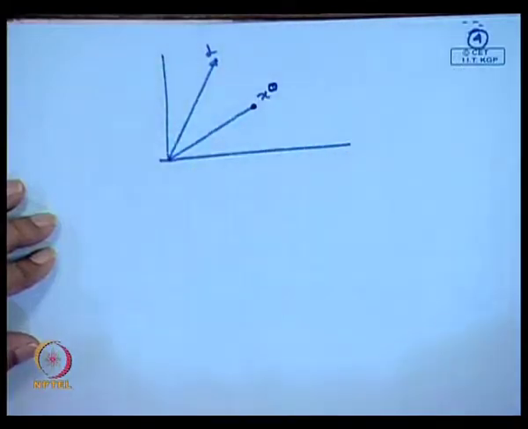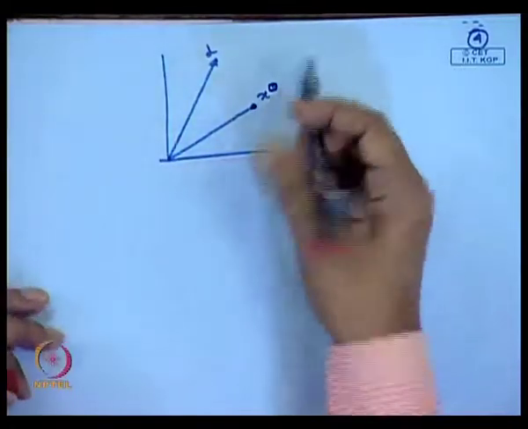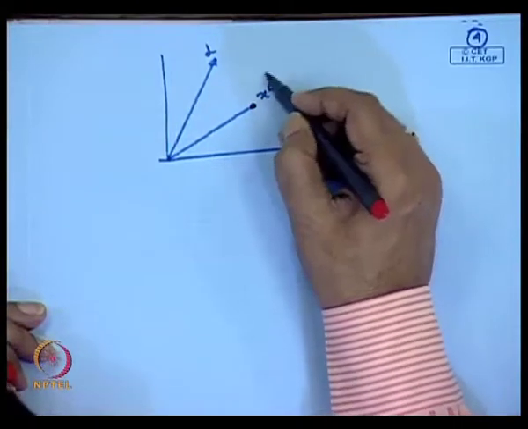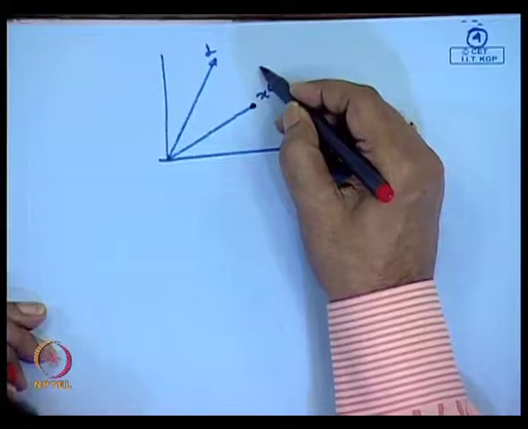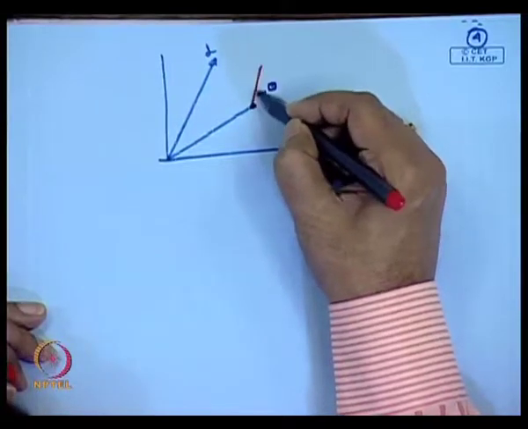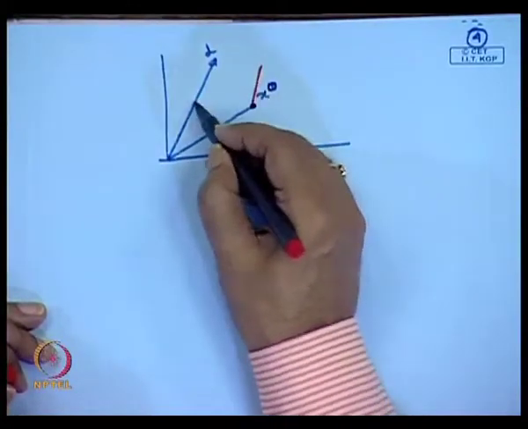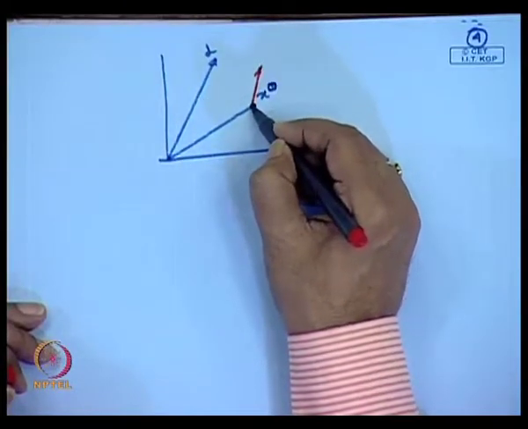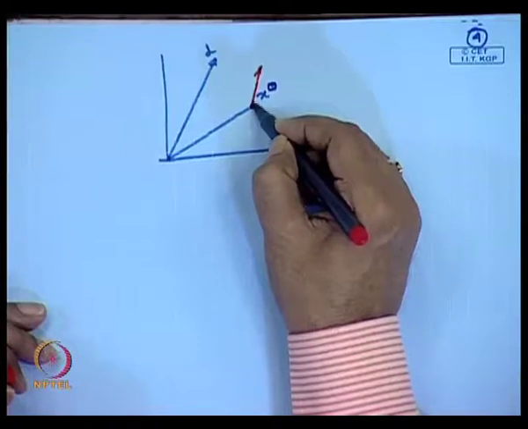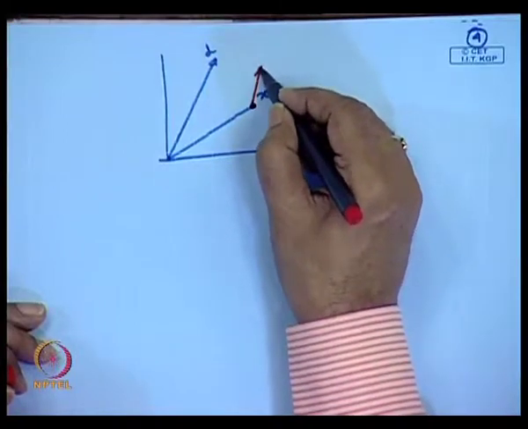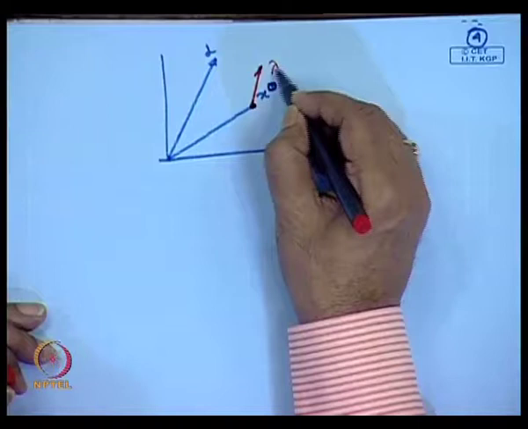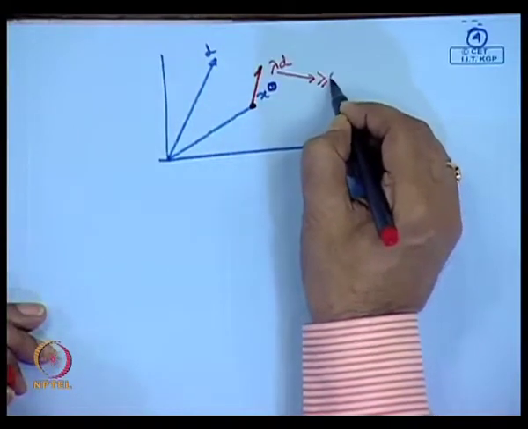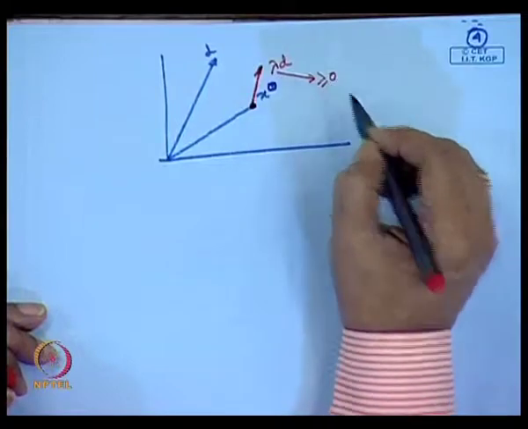We move parallel to this one, and this is lambda into d, where lambda is greater than or equal to 0.